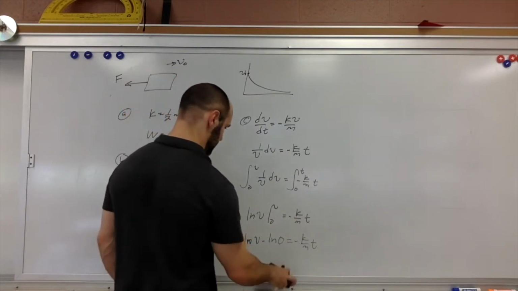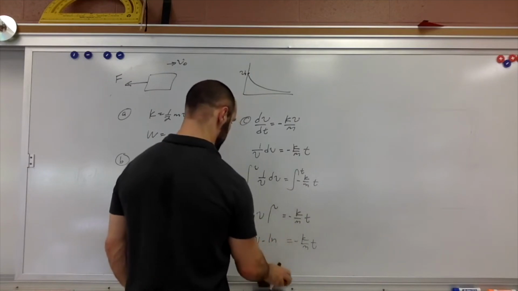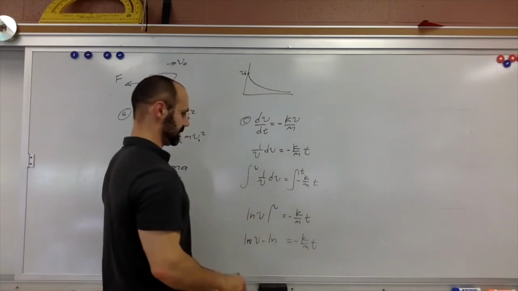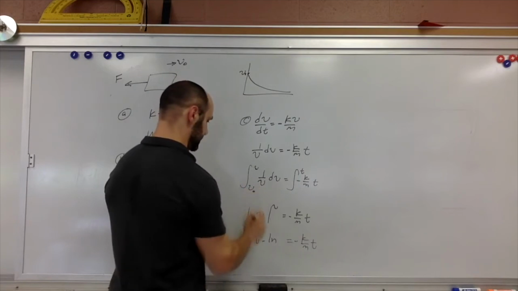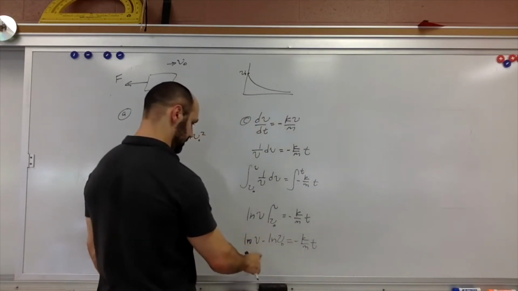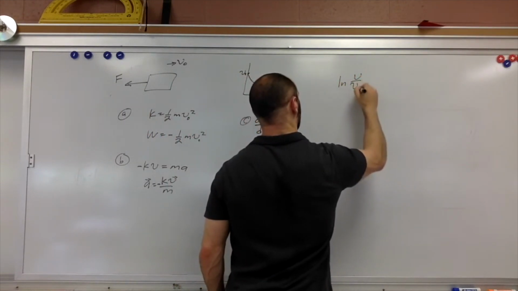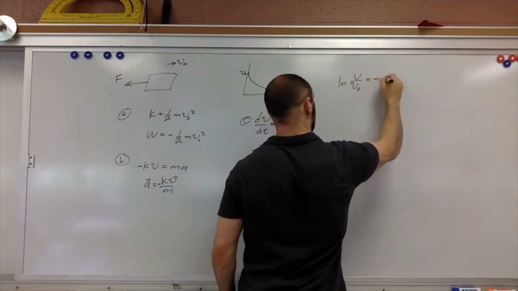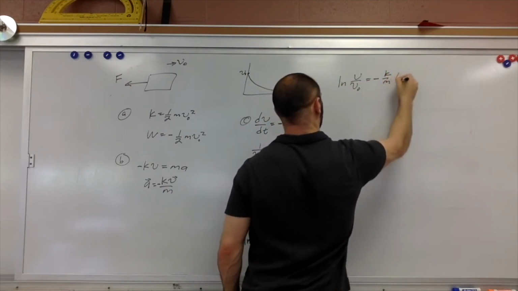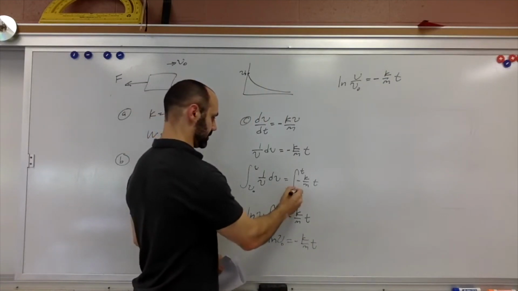Or no, sorry. I'm not going to 0. Aha. Tricky. What's my initial velocity here? My initial velocity is v naught. It's not 0. So this becomes natural log of v over v naught equals negative k over m times t. That's important, paying attention to what our initial conditions are there.